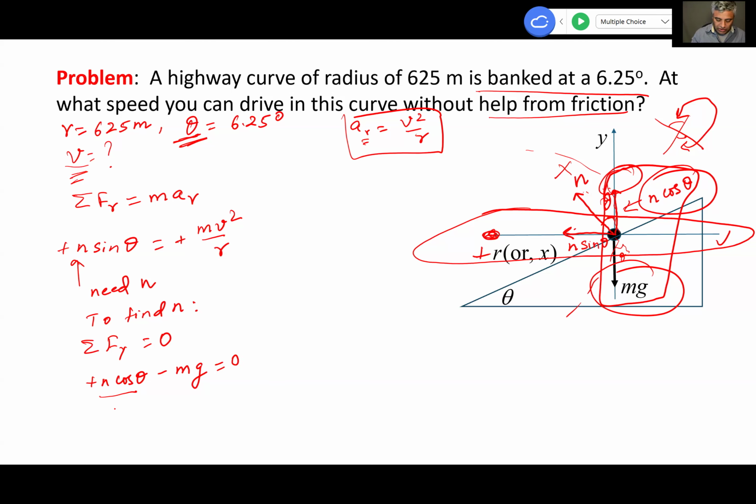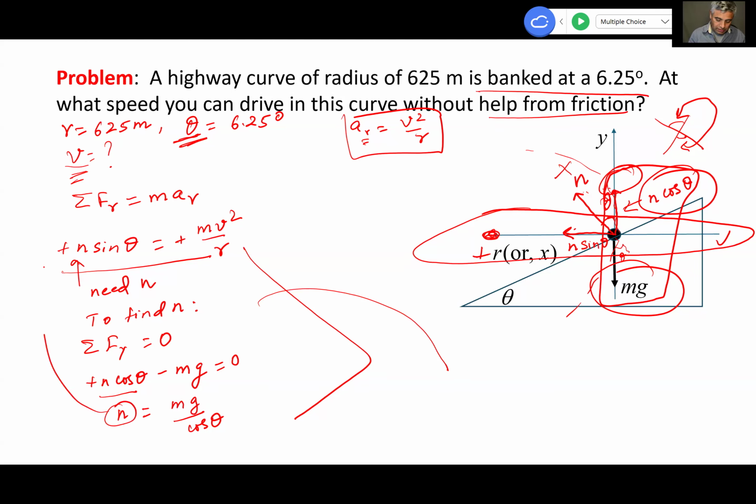So now I can solve this one for N. Once I have this, I can plug this in over there. So in place of N, I'm writing mg over cosine theta.